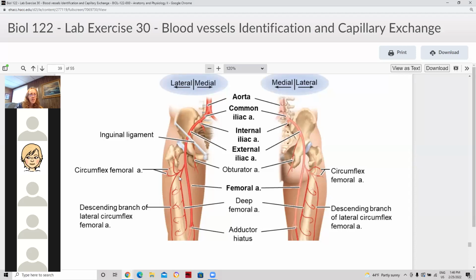We had a circumflex humeral artery. We have a circumflex femoral artery. And a deep femoral artery with the femoral artery.